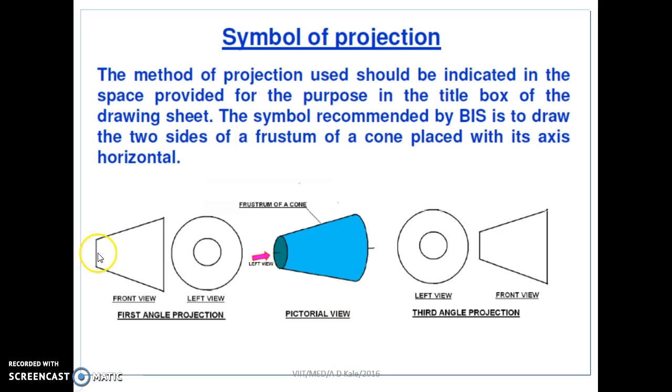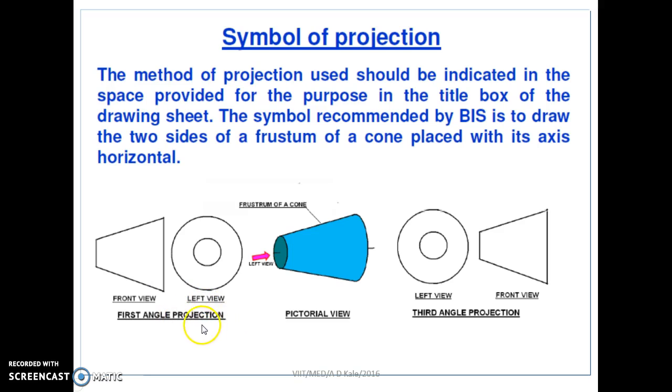In the front side, the cone will look like a trapezium, whereas if we observe it from the left side, we will get these two circles. But this view, even though it is observed from the left side, will come at the right side of the front view.